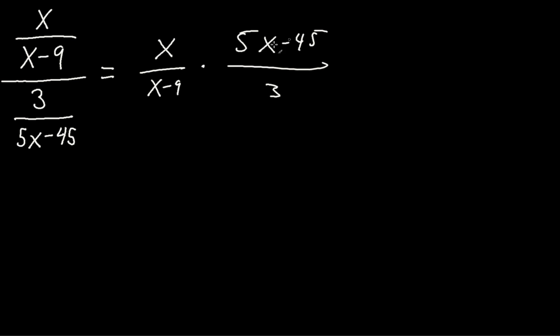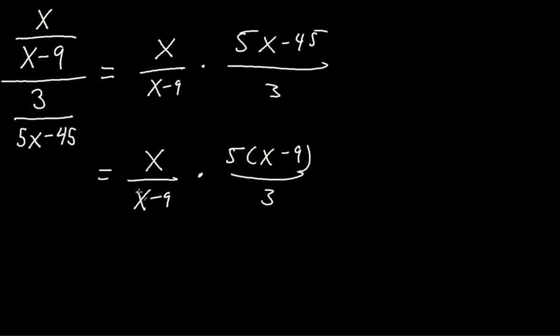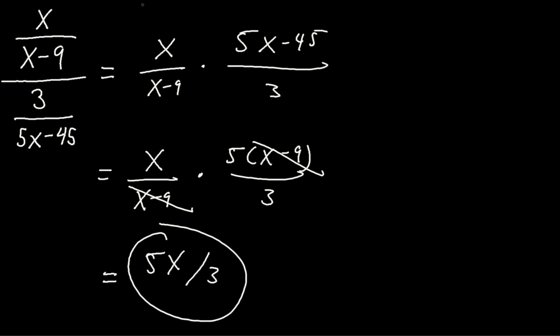Looks like I could factor out a 5 here, so I'd be left with x over x minus 9 times 5x minus 9. And look at that. Looks like I can reduce an x minus 9 there. I still have the x, 5, and the 3, so I think that'd be 5x divided by 3. All right, not too bad.